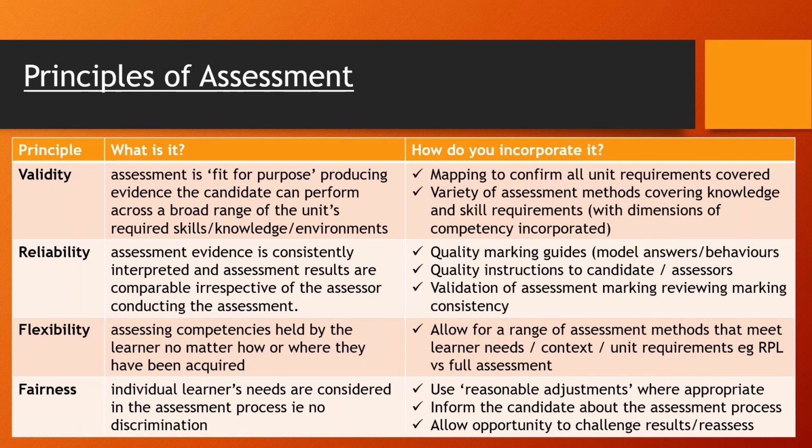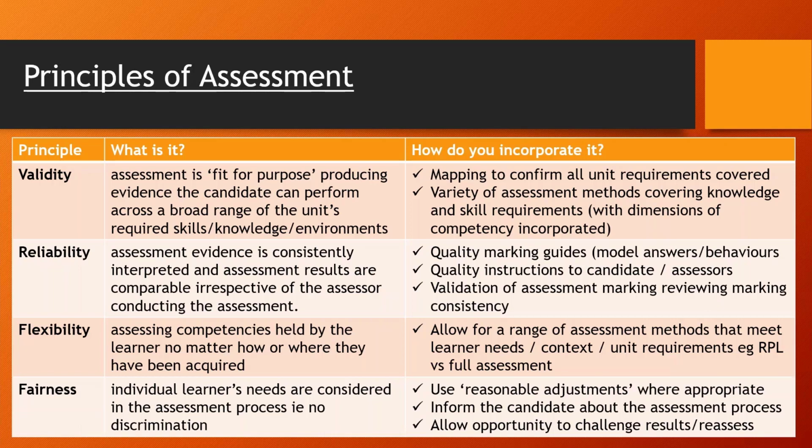And then finally, kind of following on from flexibility, is what we call fairness. And this is really about equal opportunity for individual learners to make sure that you do not discriminate in the assessment process. So if someone has challenges around LLN, for example, and writing may be their area where they need additional support, you might have a scribe who captures their verbal responses and writes it for them.